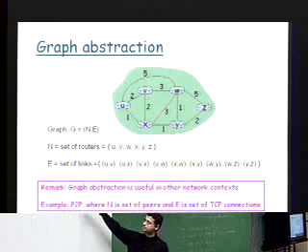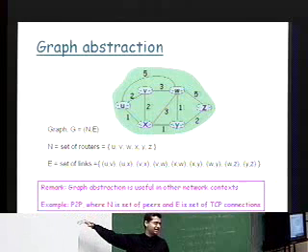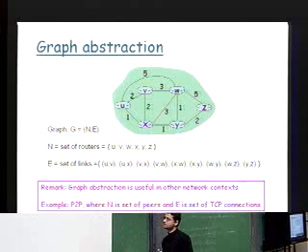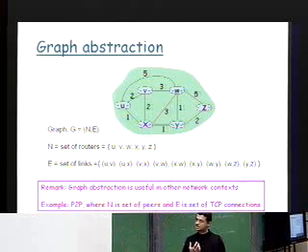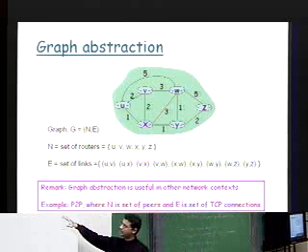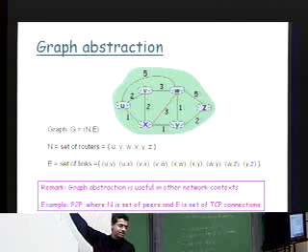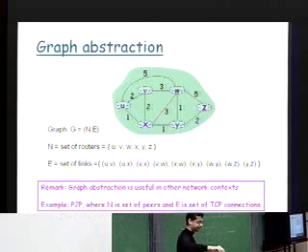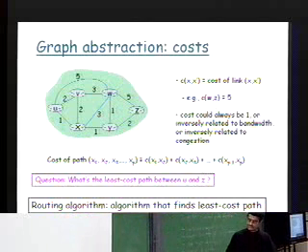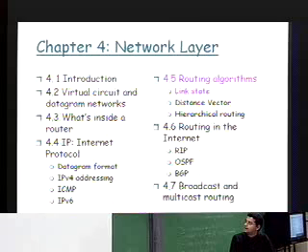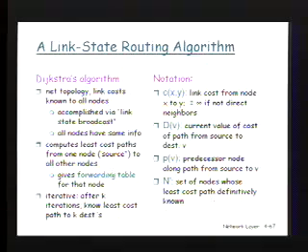You have a set of routers and a set of links, and our job is to find the best path or the shortest cost path where the costs are given by the link weights between any two nodes. So routing algorithm is the algorithm that will find the least cost path, and the link state algorithm, which is Dijkstra's algorithm, works something like this.